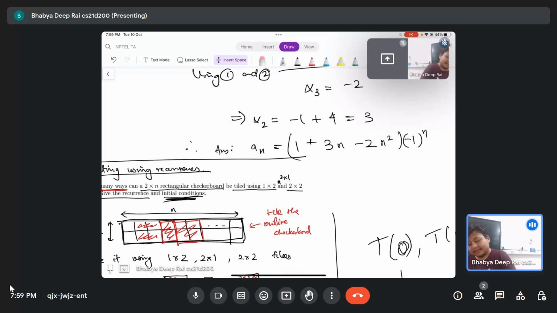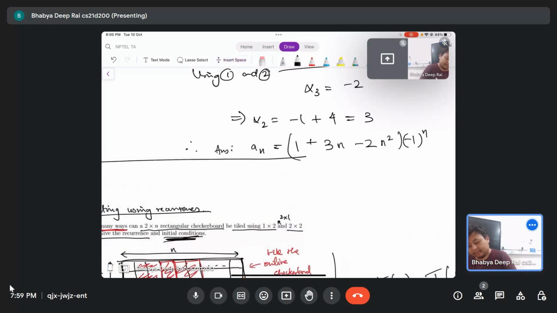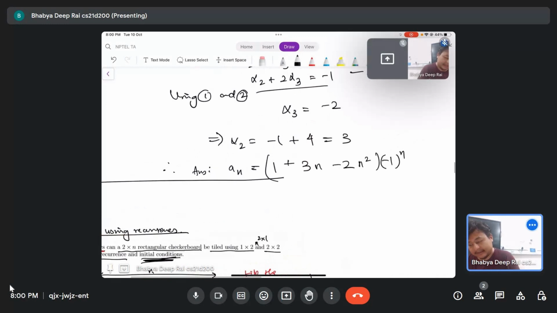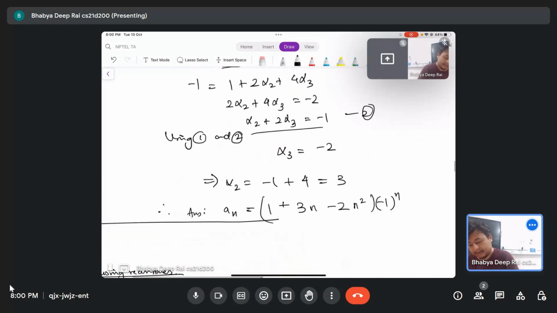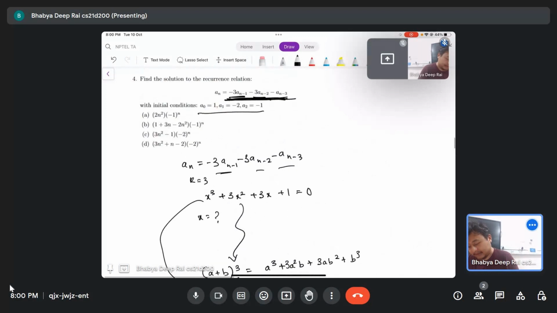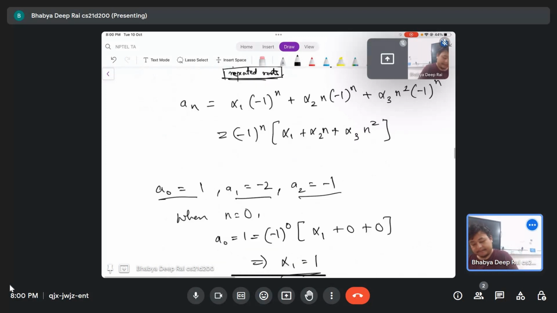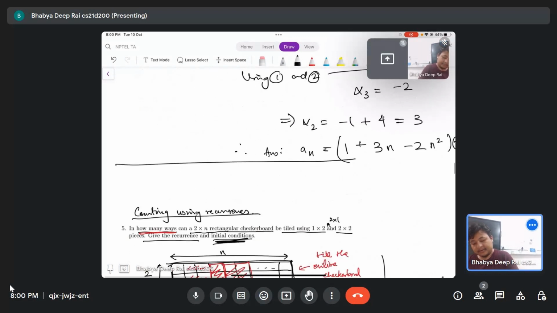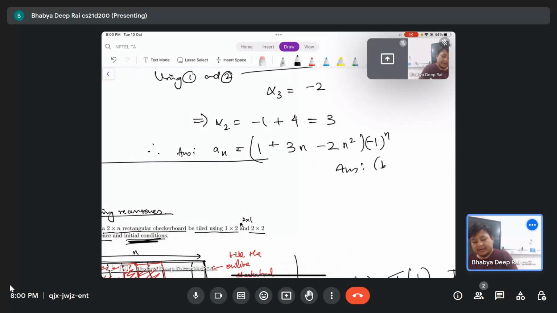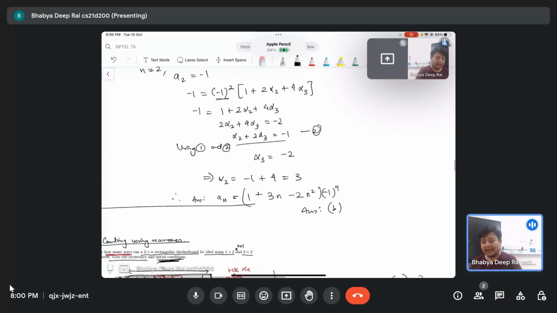This is my answer, which is option B. I hope that the clarification was clear.